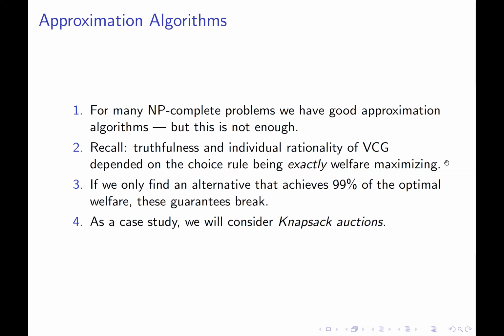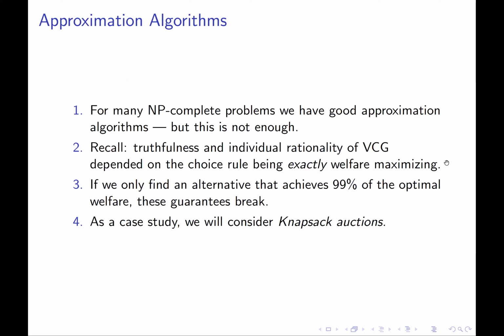And what I want to do in this class is go through a case study of a particular example of this exercise. Okay, so I'm going to define on the next slide what are called knapsack auctions. These are a natural family of auction whose welfare maximization problem corresponds to solving what's called the knapsack problem. It's an NP-hard problem.